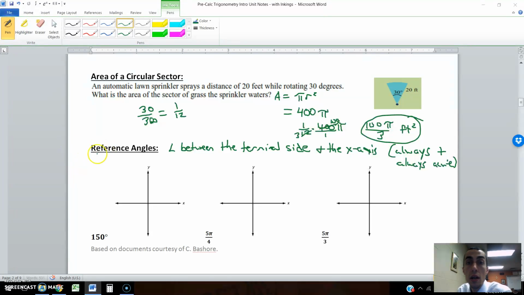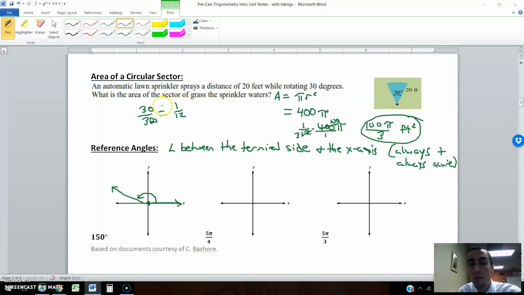All right, so 3 examples. First off, 150 degrees. Let's put this 150 degree angle in standard position. Initial side at the positive x-axis, terminal side will be a counterclockwise rotation of 150 degrees, and we're going to look something like that.